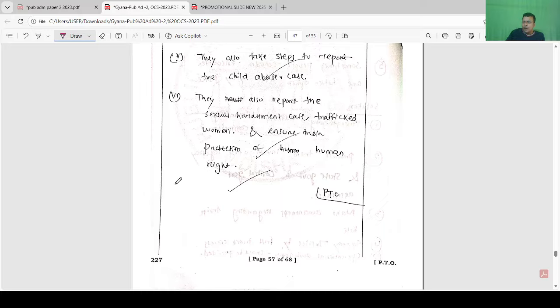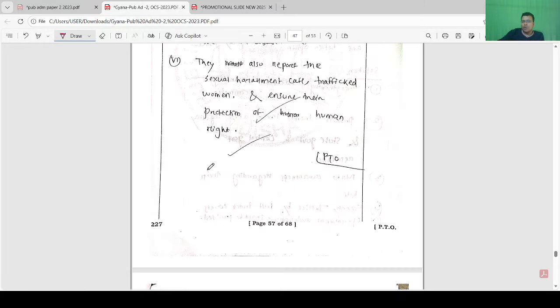Recommend government to take action against officials involved in human rights violation. Recommend government to give financial help to the victim. Minimum 10, 12, 15 points you should write, but it is less, at least.